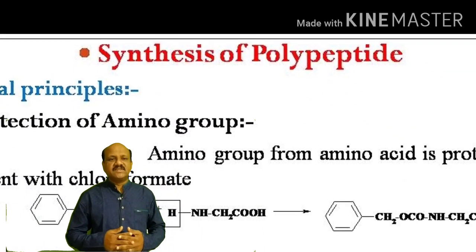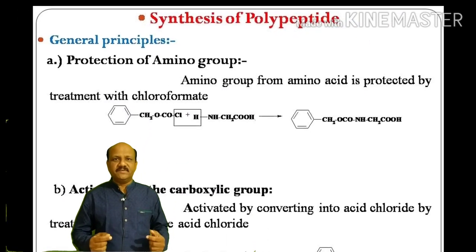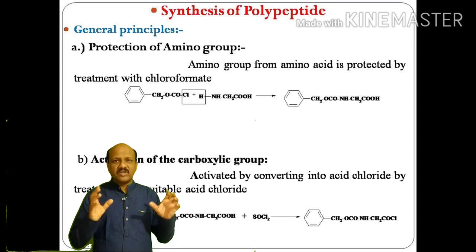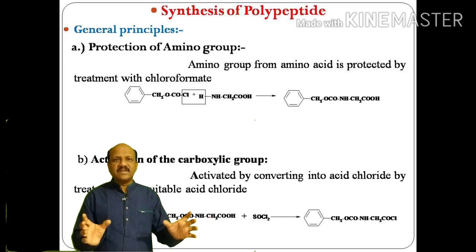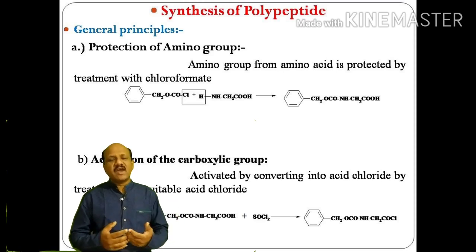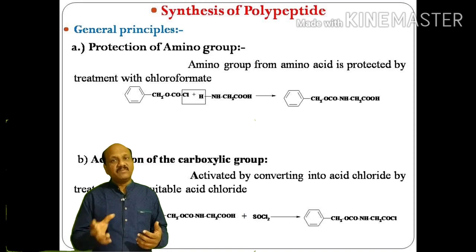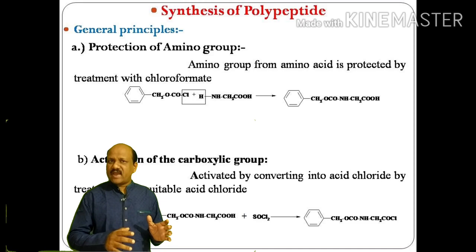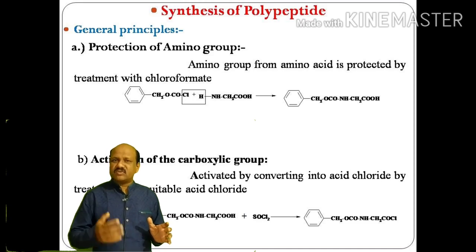First point is synthesis of polypeptide, means we have to synthesize a protein molecule by linking two amino acids together, with liberation of a simple molecule and the formation of a peptide bond. So, the polypeptide bond is formed, and in this way a big protein molecule is formed.